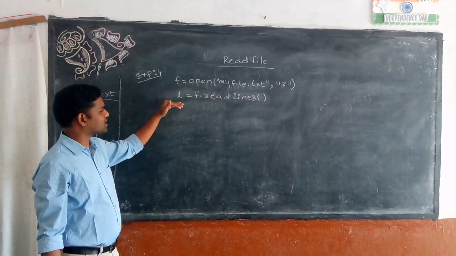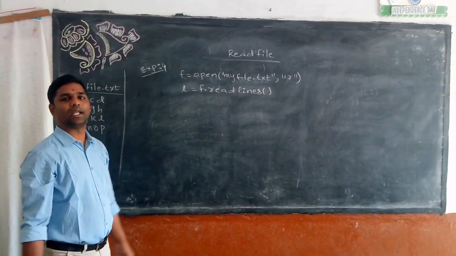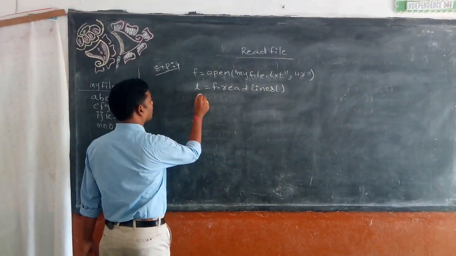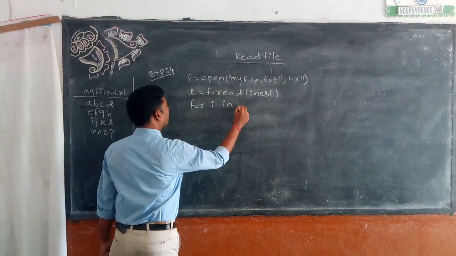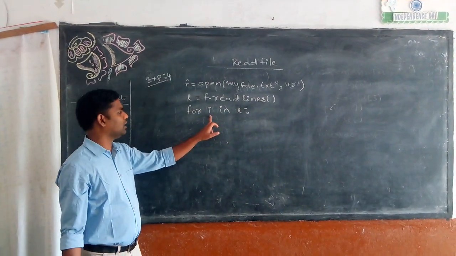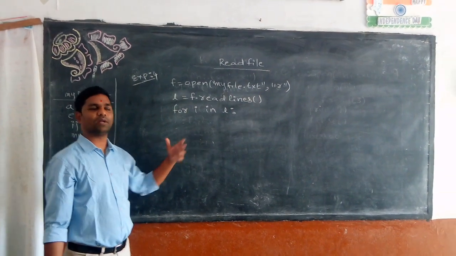Whenever it's a list and I want to print from the list on the console, I require an iterator. For that, I need to take a loop: for I in L. Now in each iteration, I will get one element, that means one item, from the list.